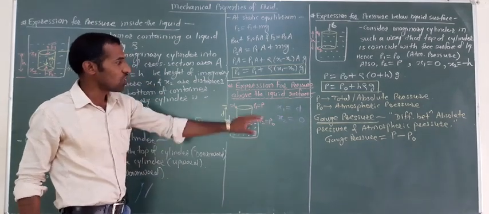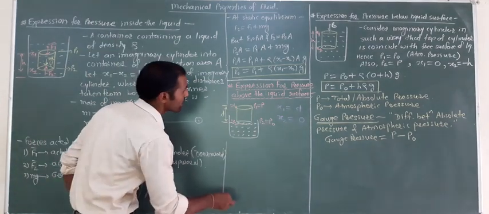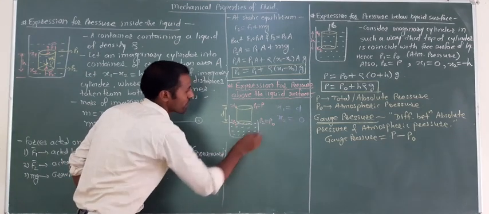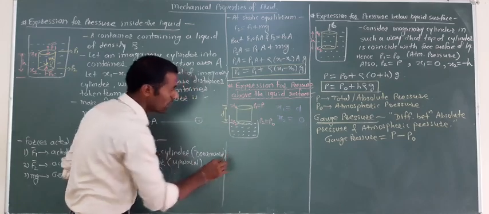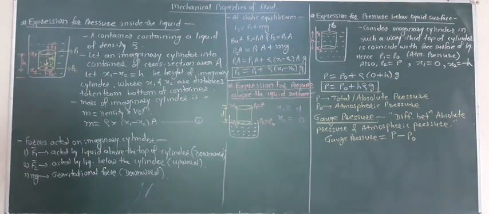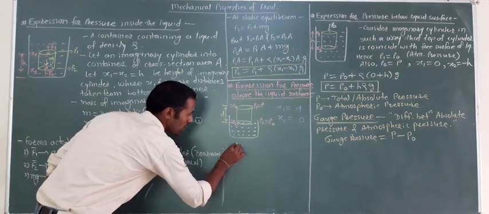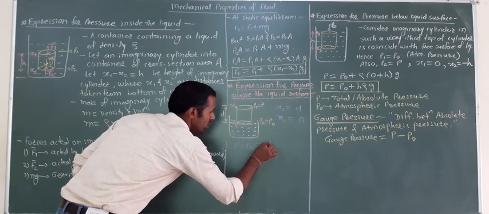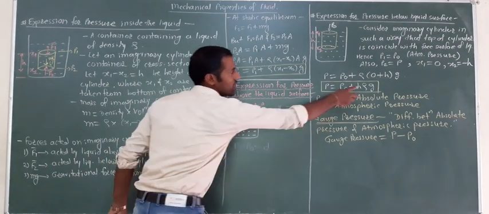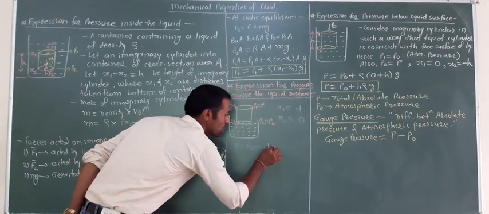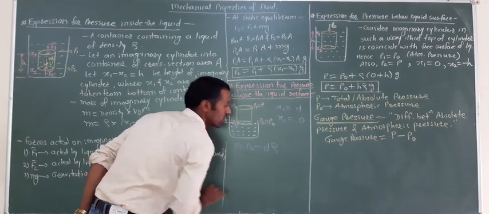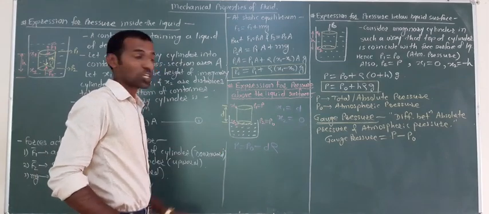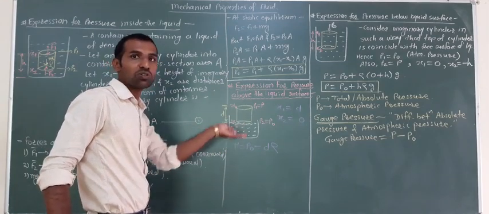Now if we substitute all these values, we finally get the equation P is equal to P0 minus d, instead of height we are taking d, rho, but we are not taking the density of the liquid here, because our imaginary cylinder is in the air medium.